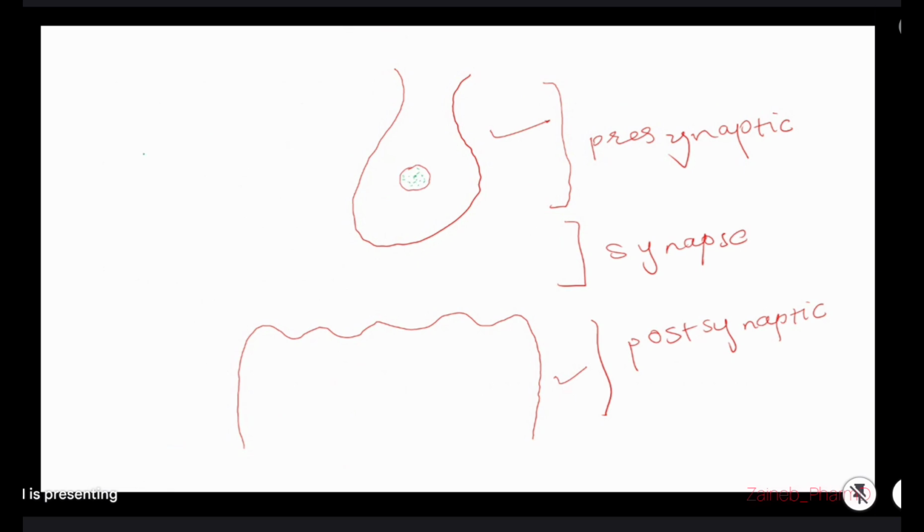We can say that the motor nerve endings synthesize and store the acetylcholine. Now, how is acetylcholine synthesized? First of all, choline is obtained from the diet.